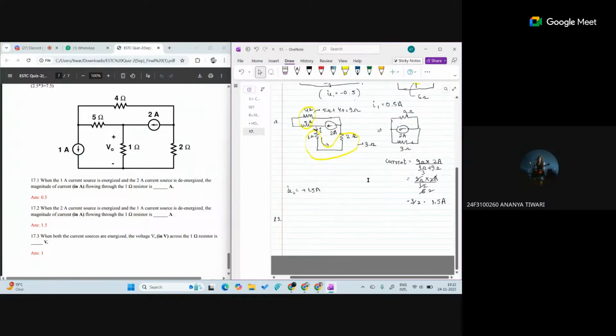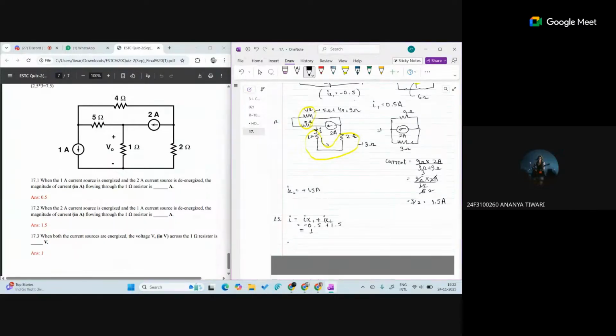Okay. Now when both are on, we will get I equals Ix1 plus Ix2. So it would be minus 0.5 plus 1.5, which is 1. Yes.